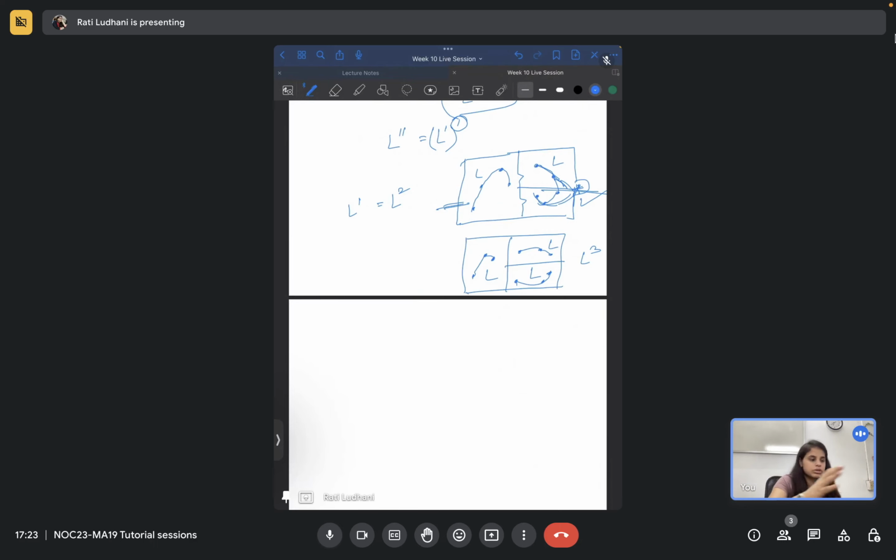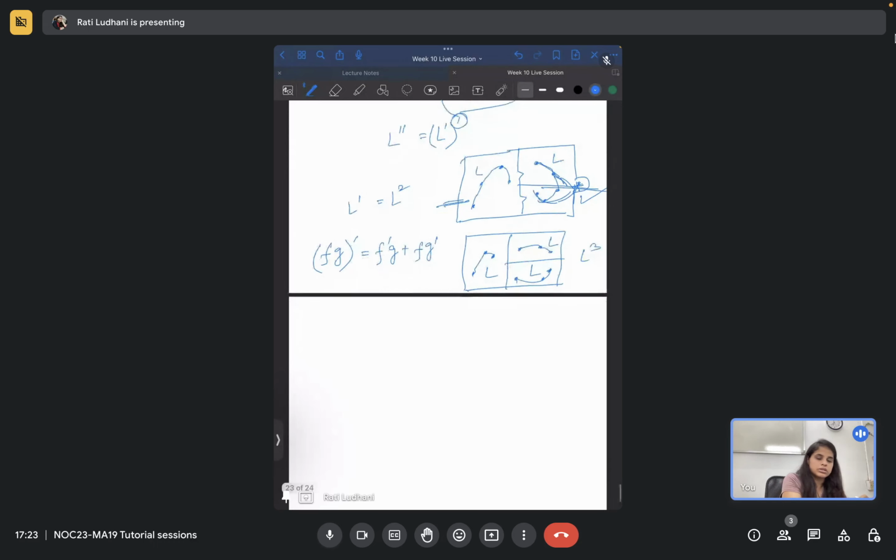When you can add it on the right, you can add it on the left. For example, if you need to do the derivative of fg, first you can do it for f, you can apply the chain rule, and you can do it for g also, right? Exactly what is happening here. On the right you can add it, or you can add it on the left. So that's why L double dash is 2L cube.